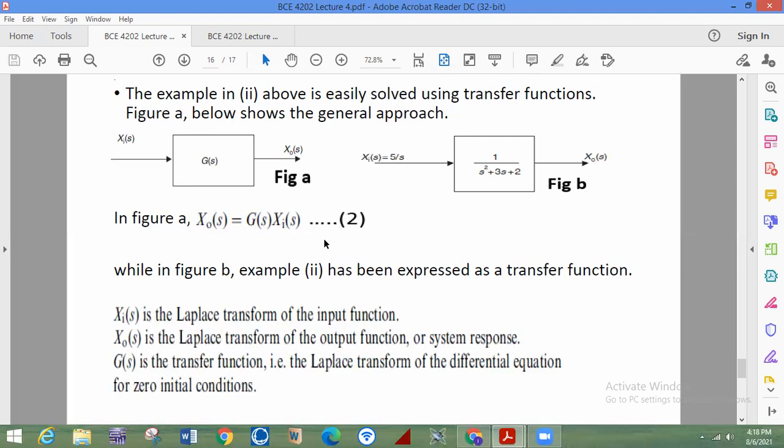This surely is clear, and in figure B, let's continue.